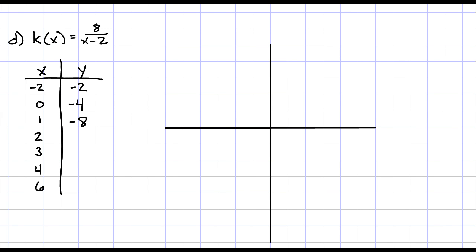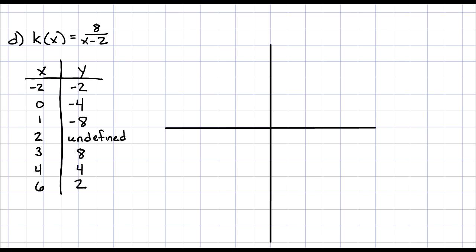If I plug in 2, notice I get 8 over 0, and I cannot divide by 0, so that is undefined. I do not get an output when I plug in 2. Plugging in 3, I get 8 over 1. Plugging in 4, I get 8 over 2. Plugging in 6, I get 8 over 4.